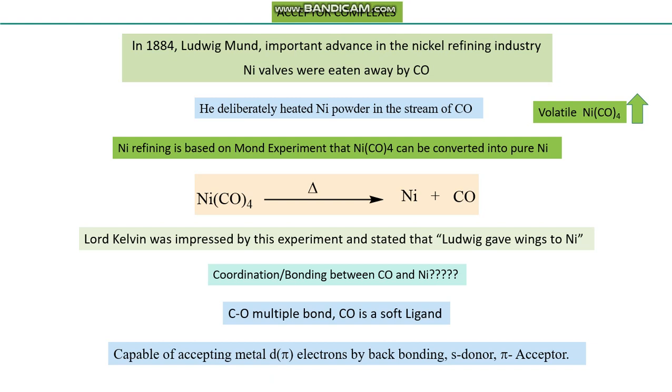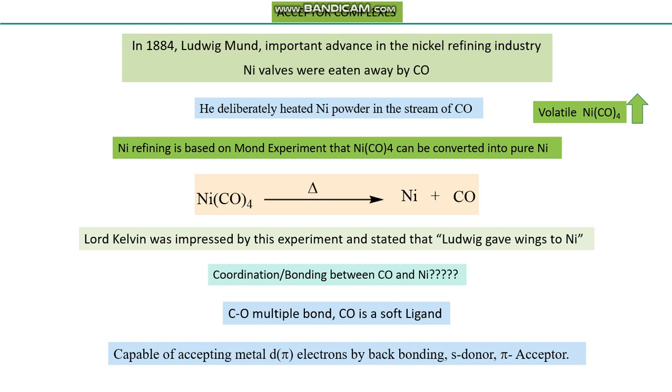And if you draw the electronic configuration of nickel, this is a d10 or d8 system. So d8 means the d orbital subshell is rich in electrons, and now there are chances that nickel would be able to donate some electrons back to the ligand.